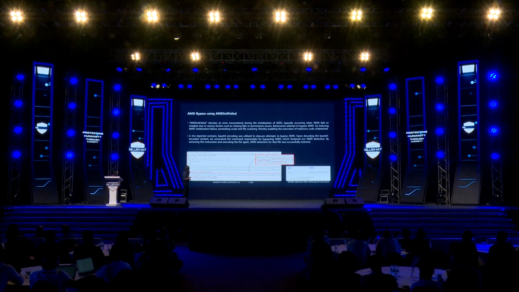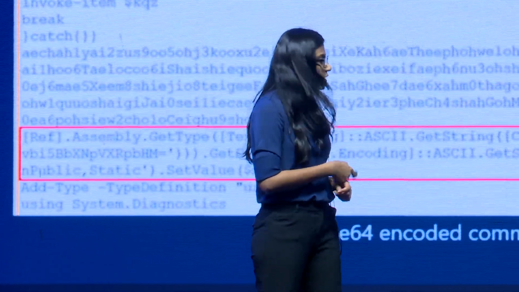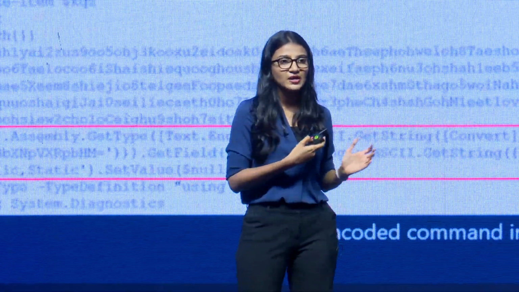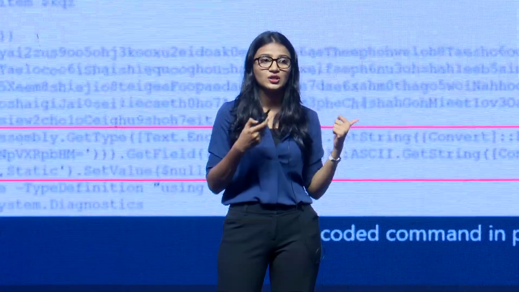So when we executed this PowerShell, we found that we were not getting any detection last year. And when we removed this particular instruction, then we were getting detection for this particular PowerShell script. What this means is last year, this query was effective and AMSI was bypassed by this query, but it is now patched again.